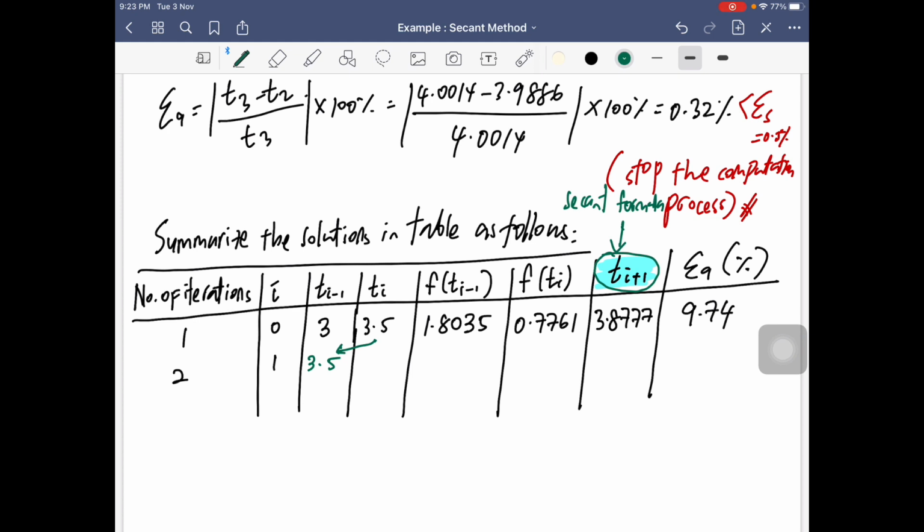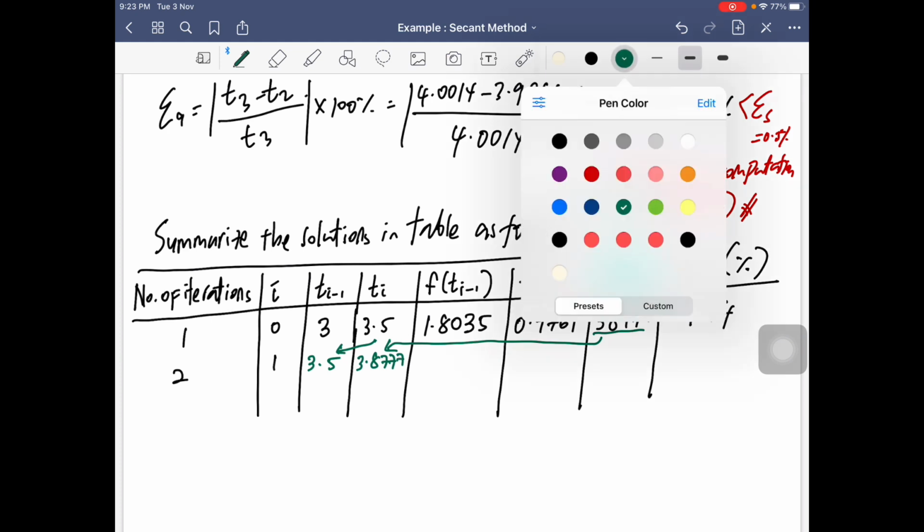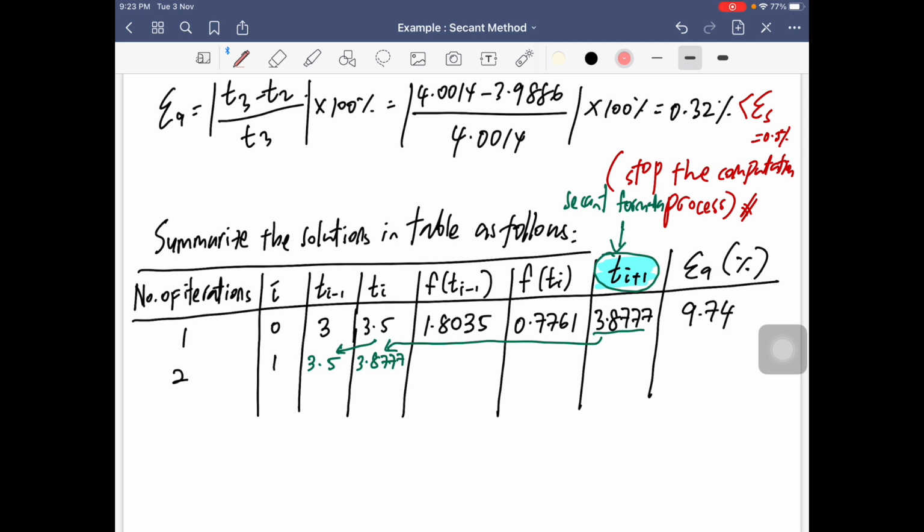So where is your calculation for t1? Previously, this is the calculation for t1. So if moved here, 3.8777. And then this value you bring here because this is the value for f t naught.